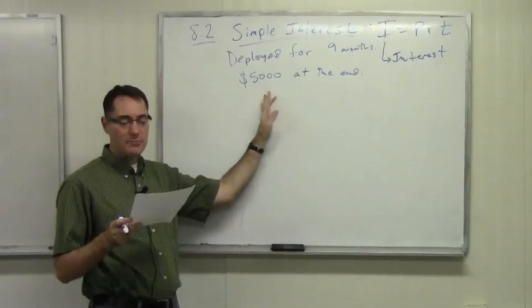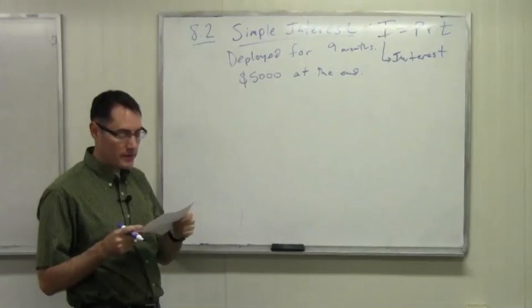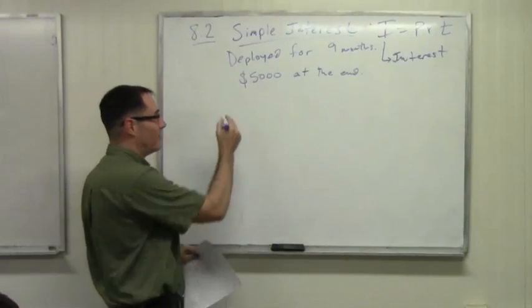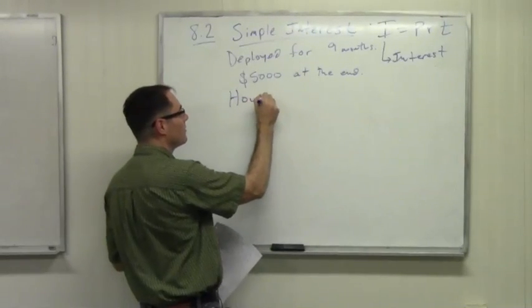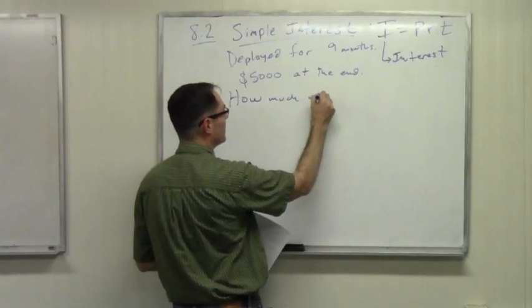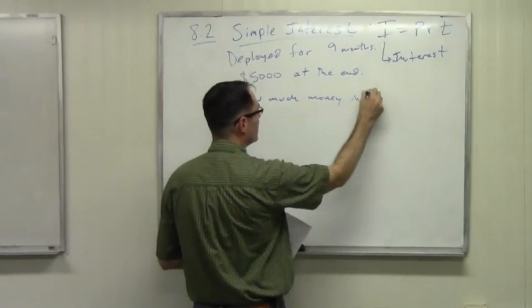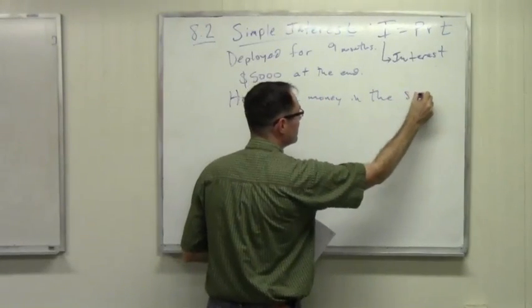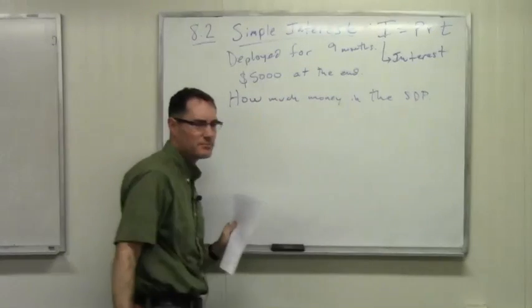Okay, you want to have $5,000. How much money do you need to put away in this SDP that we talked about? What does that stand for? Savings Deposit Program?